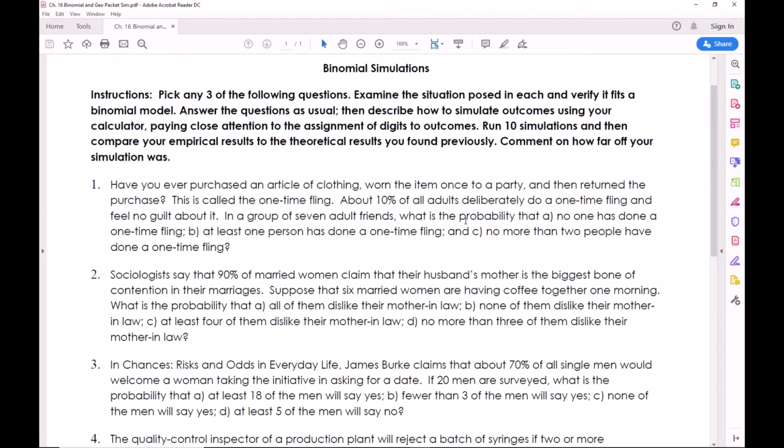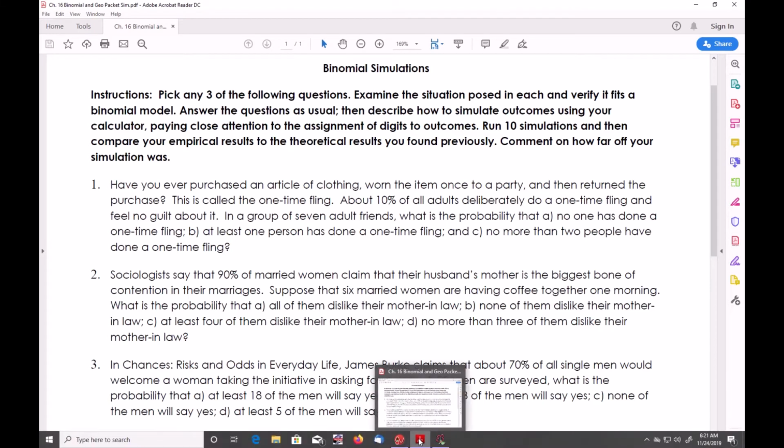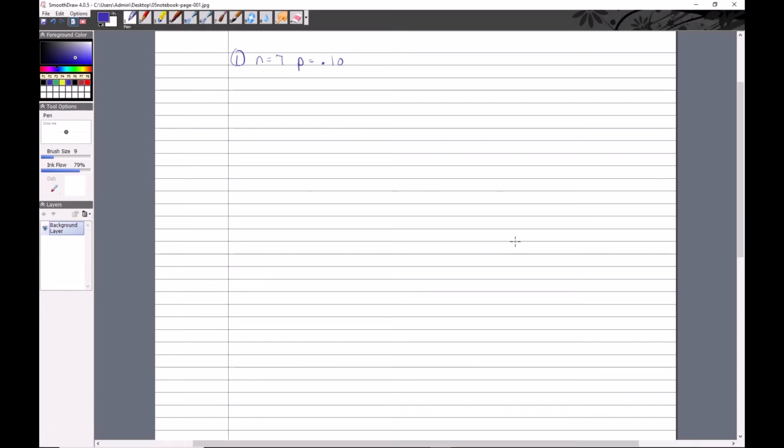Let's see what we've got here. We're supposed to find the probability that no one has done a one-time fling. Okay, we can do that. Let's just call this A. That's a binomial. Oops, misspelled that one. Let's go back.